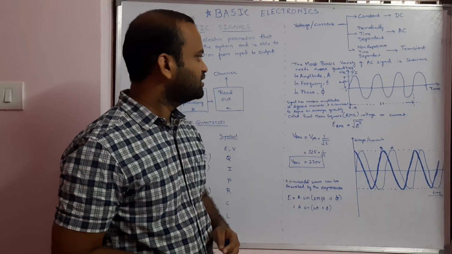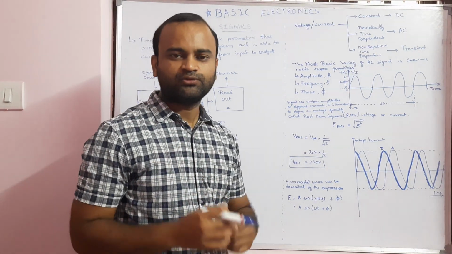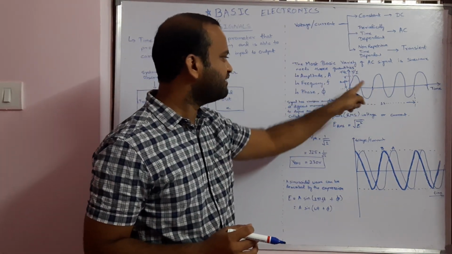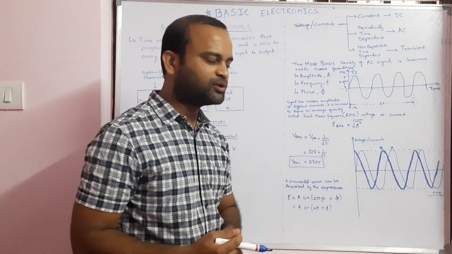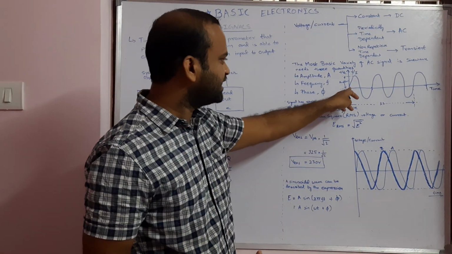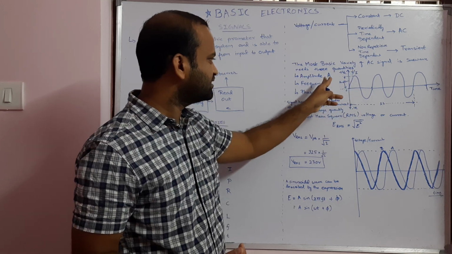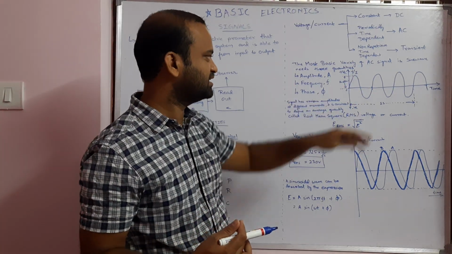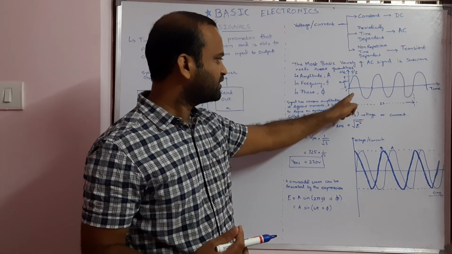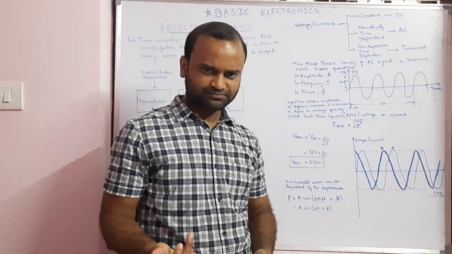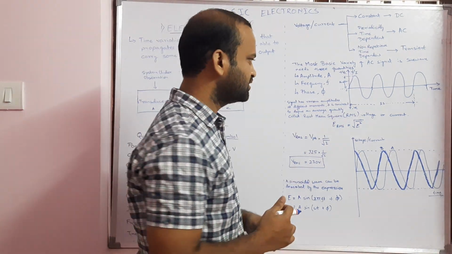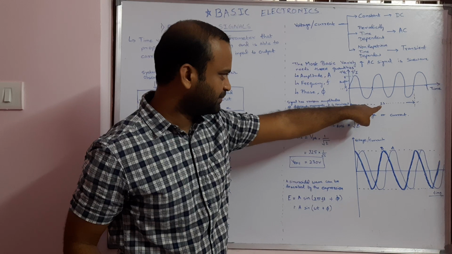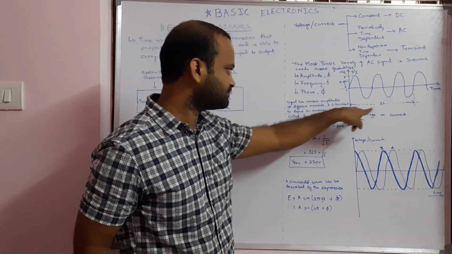This sine wave needs three quantities to define itself: amplitude, frequency, and phase. I will discuss phase in more detail. The change in amplitude describes how the voltage of the signal changes, and frequency can be defined as the number of cycles per second. Consider this is a time duration of 1 second. Just count the number of cycles within that 1 second.